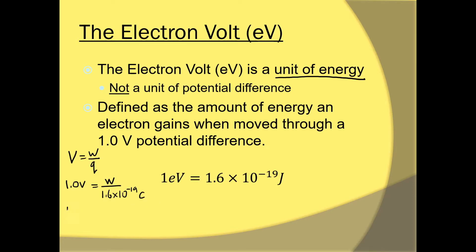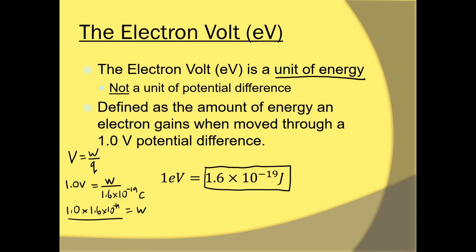So the electron volt just ends up being 1 times 1.6 times 10 to the negative 19 joules. That's how much energy 1 electron has when it moves through a 1 volt potential difference.